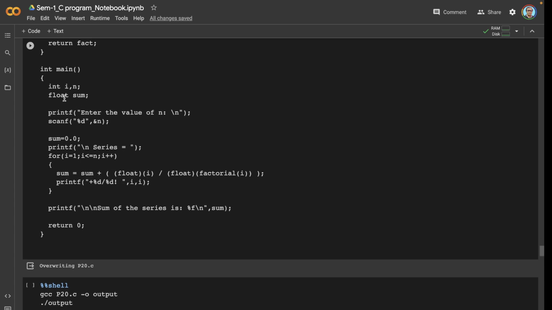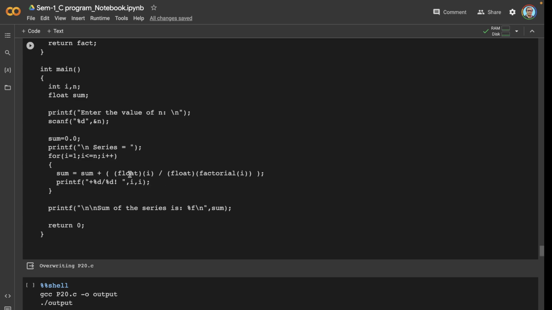This means I is an integer variable, but by writing float, we convert it to a float variable, and float factorial I, because the division is this. This is float type division, not integer type division, because if I and factorial I are integer type division, then there is a truncation error, the decimal points are truncated.